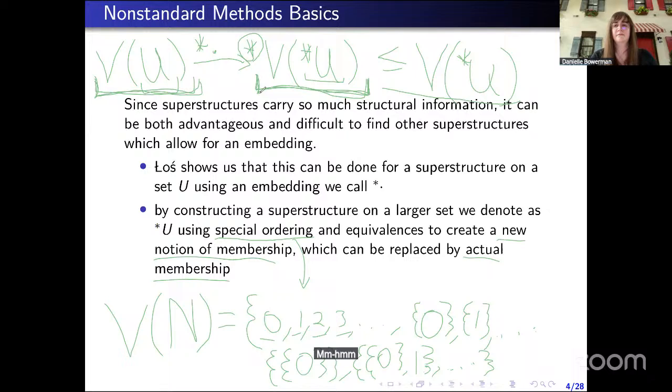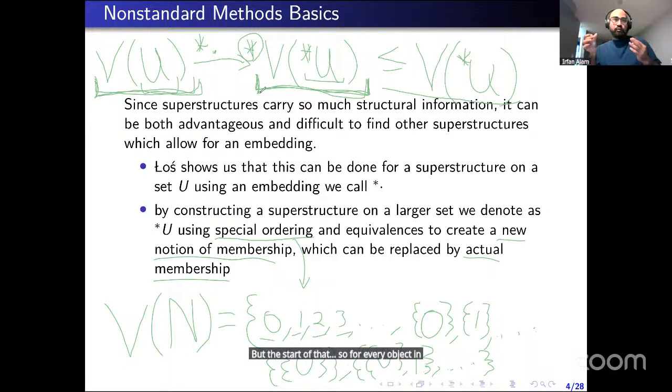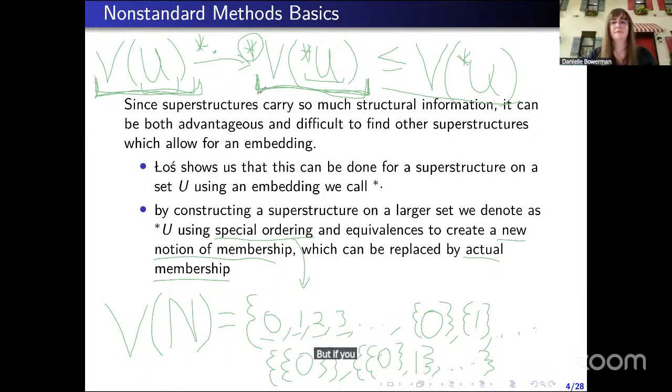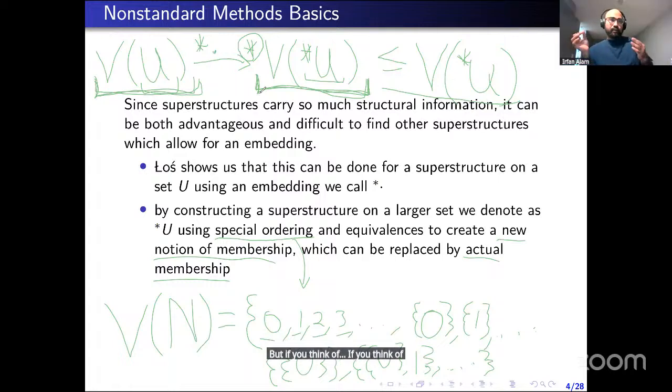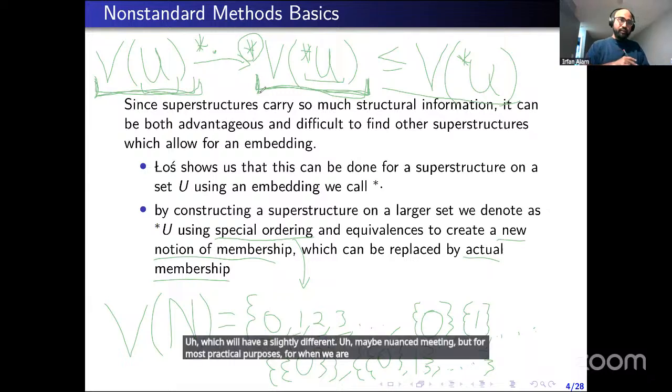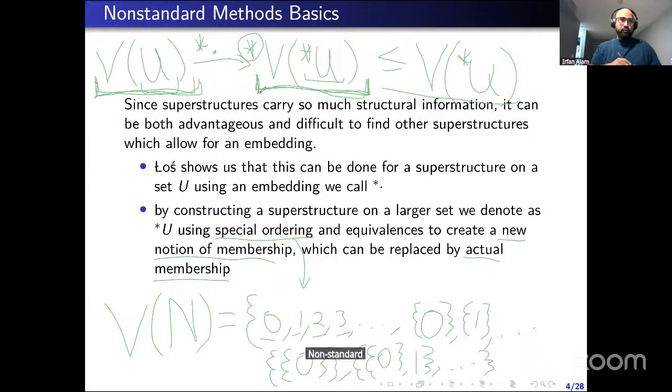For every object in V of U, the star of that object does live in V of star U. True. But if you think of V of U itself as a set contained in a universe that you are extending, then there will be a star V of star U, which will have a slightly different, maybe nuanced meaning. But for most practical purposes, when we are considering one single non-standard extension, saying V of star U is usually enough, and that's what people often say. That's fair.